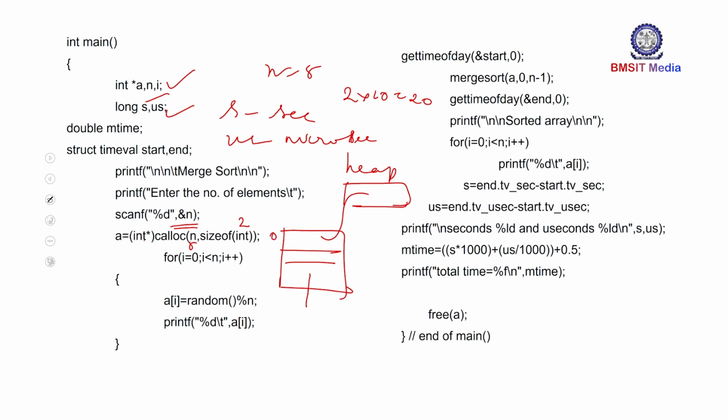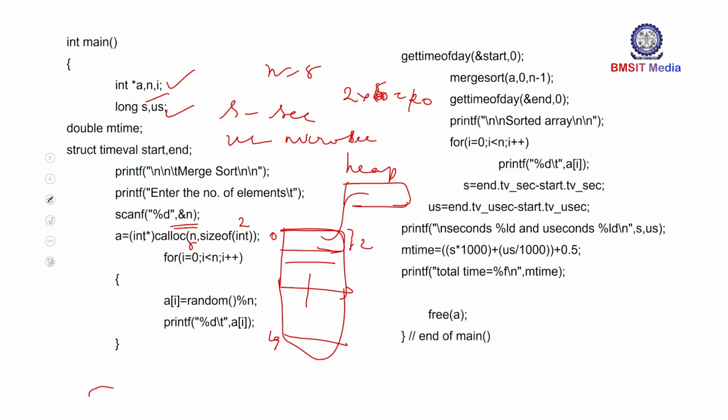Starting from 0 to 19, because if it starts from 0, it goes up to 19. Each block is nothing but 2 bytes. So 2 into my n value 5 is 10. I am going to take only 5 blocks because my n value is 5.